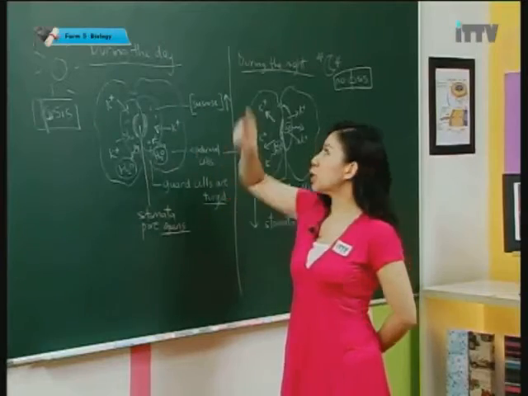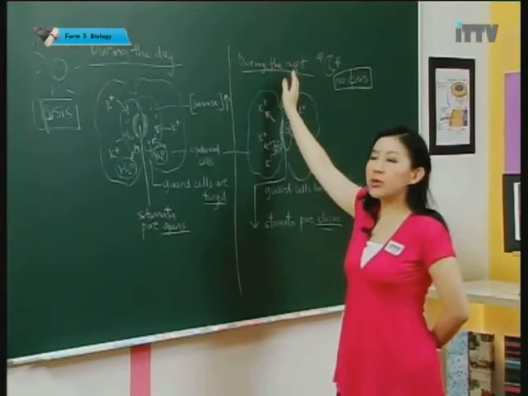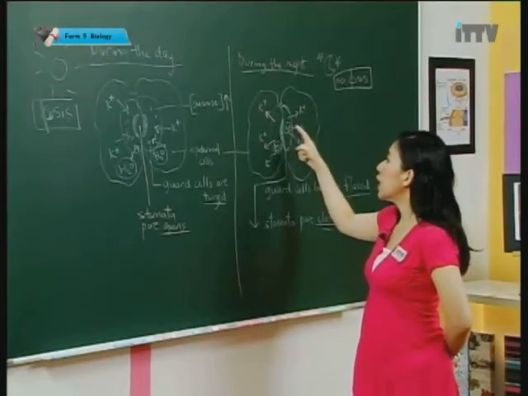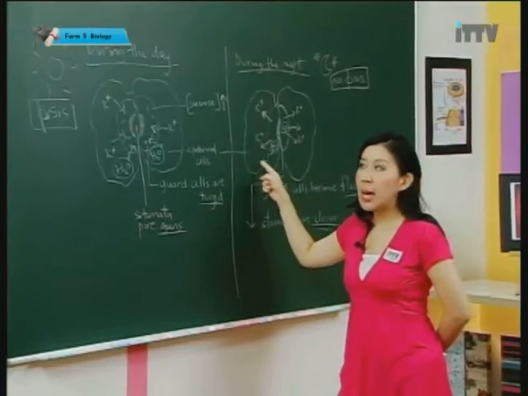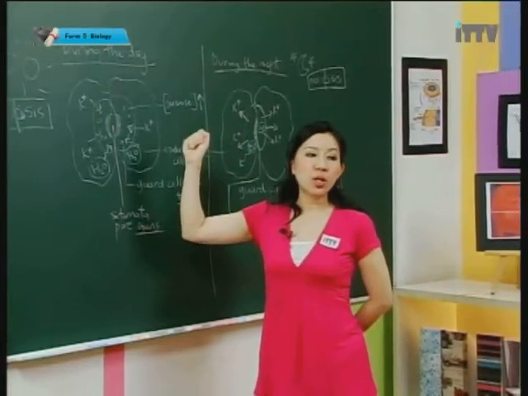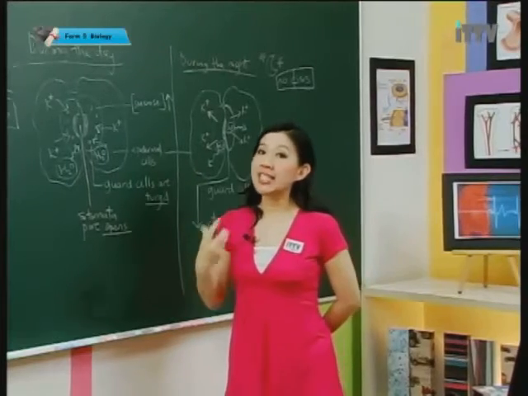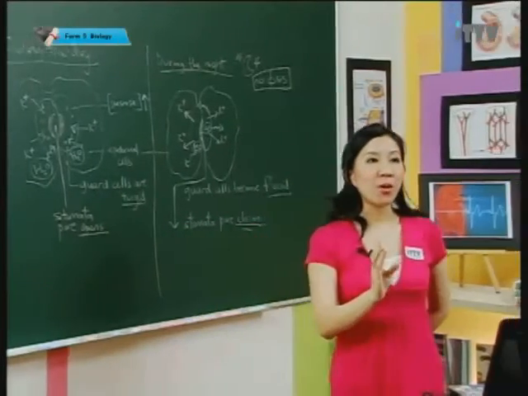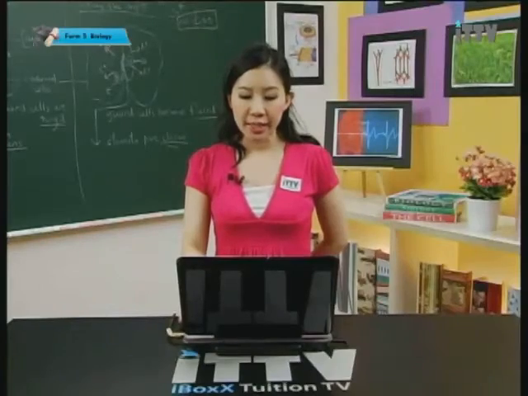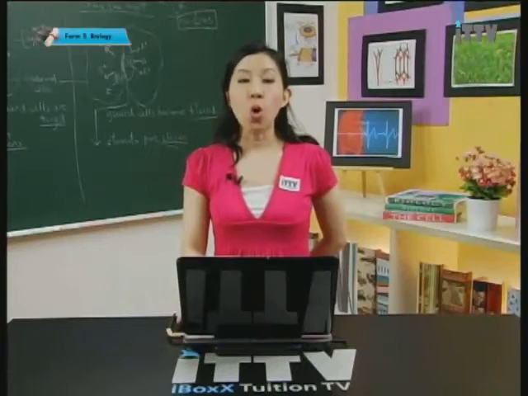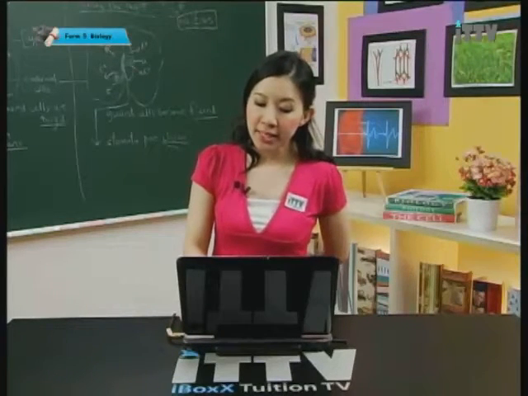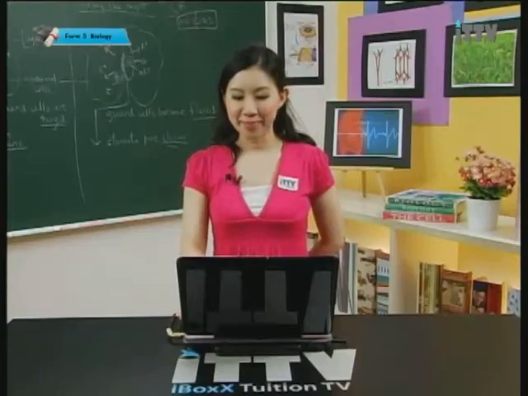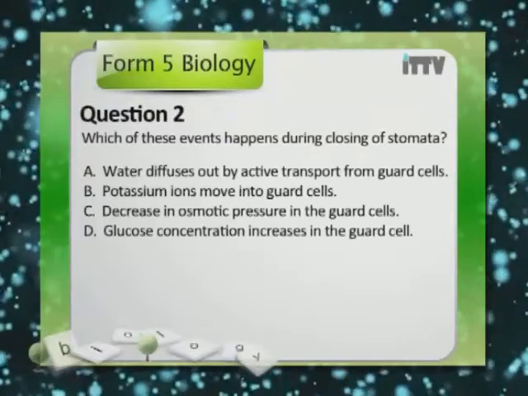Now that only happens during the night, because during the night, it's true, water diffuses from gut cells to epidermal cells. But the question was, what happens during the day? So therefore, about the opening of stomata, water goes in from epidermal cells into gut cells. Okay, let's look at another question.